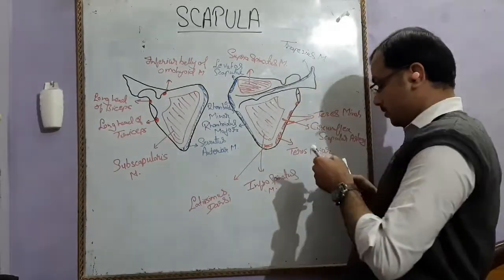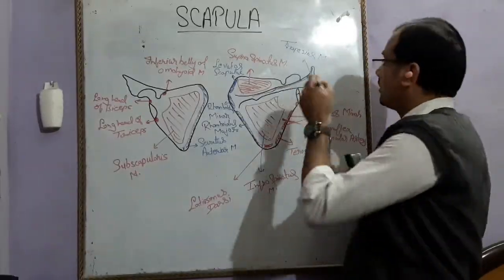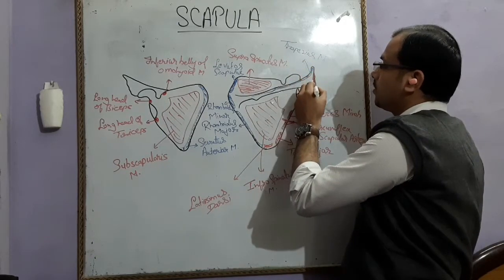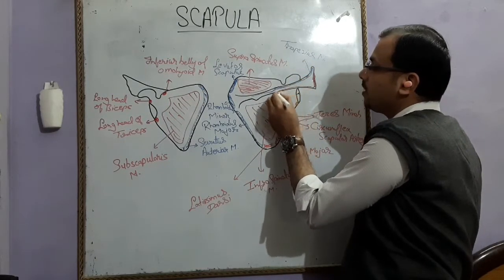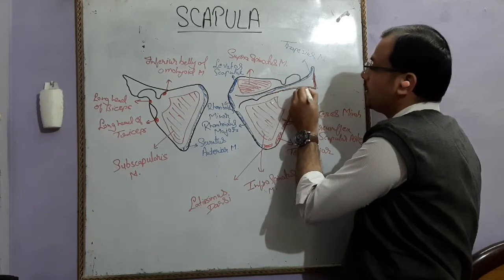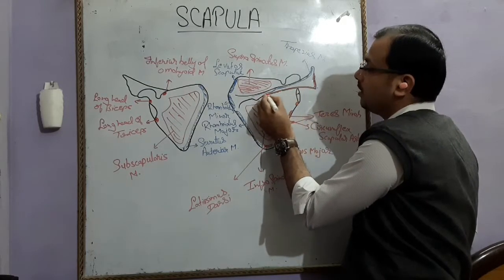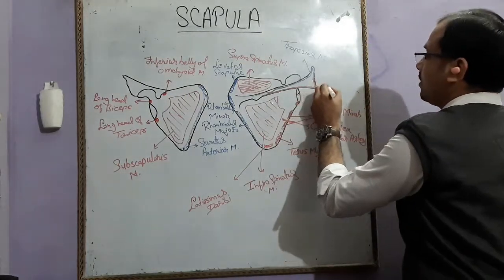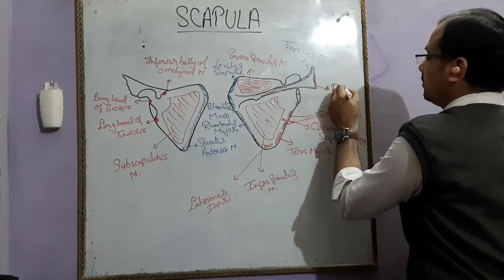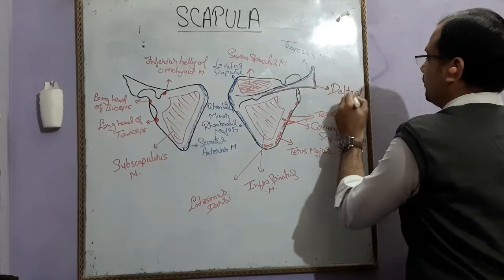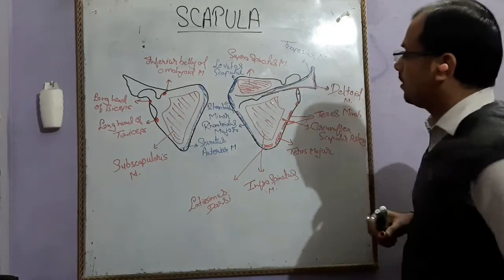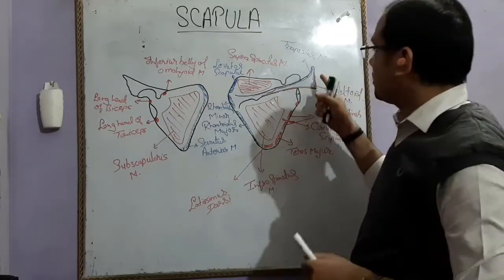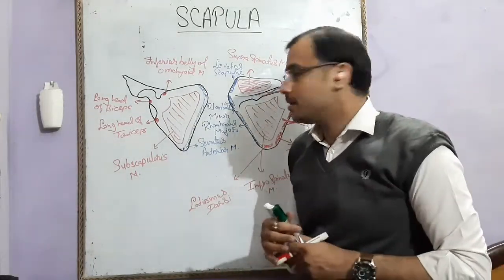Now, on the lateral border of the acromion process and the lower lip of the spinous process of scapula, there is the attachment of the deltoid muscle. So these are the attachments of the spinous process and the acromion process of the scapula.